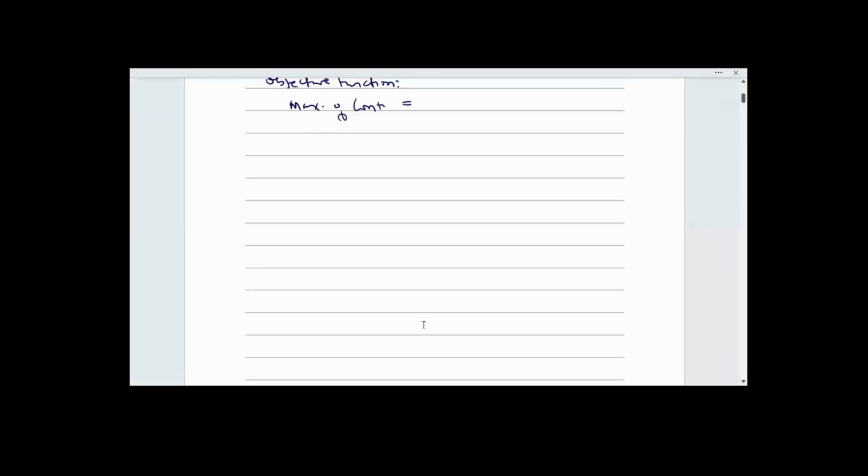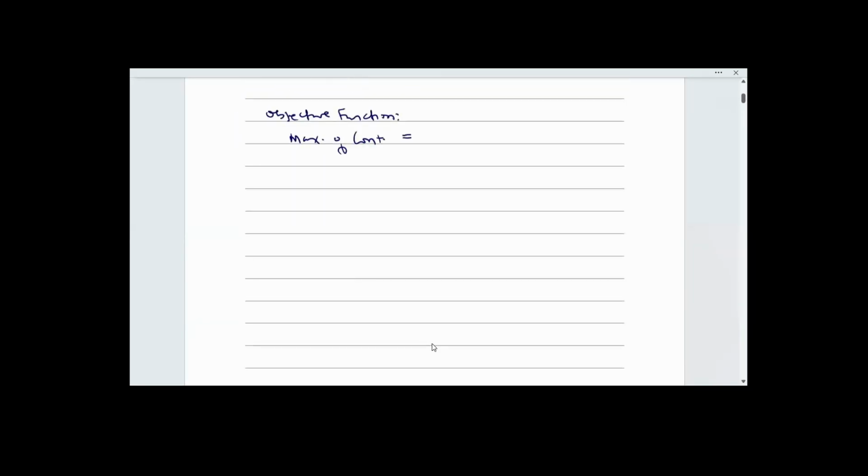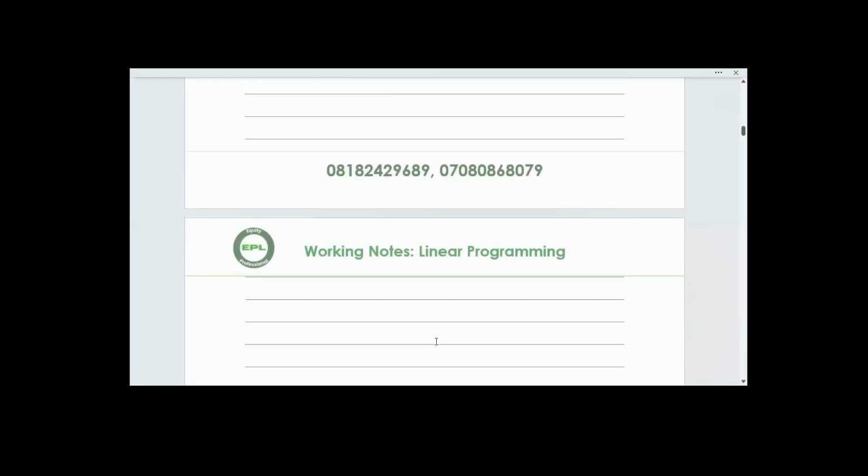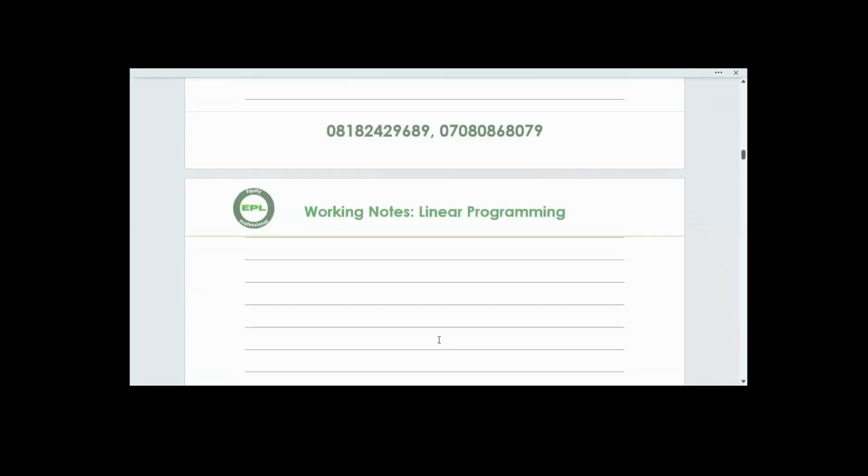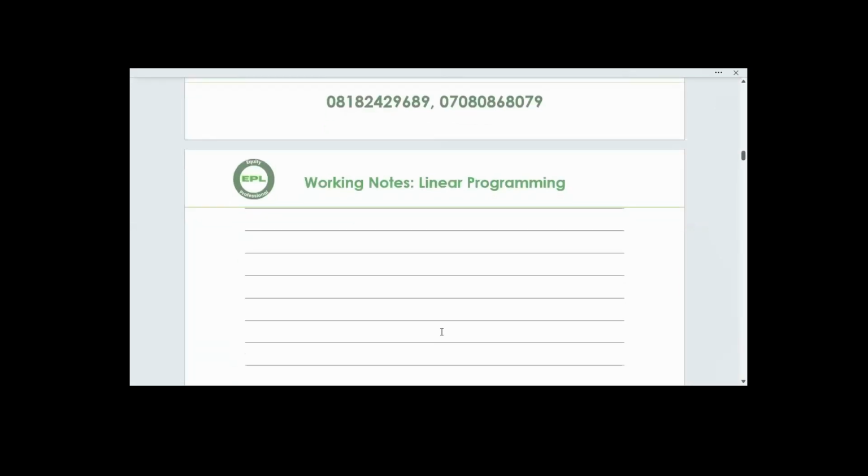How many pages do I need to estimate? Anyways, let's say this is the first page, second page, third page for my graph and solution table. Okay, let's use this. So workings. I want to determine working number 1, contribution per unit.